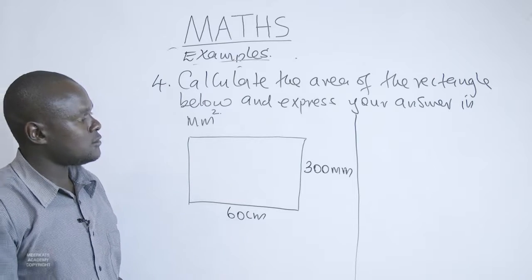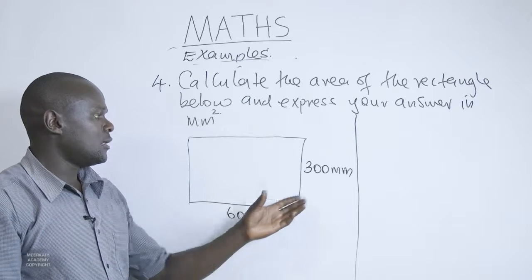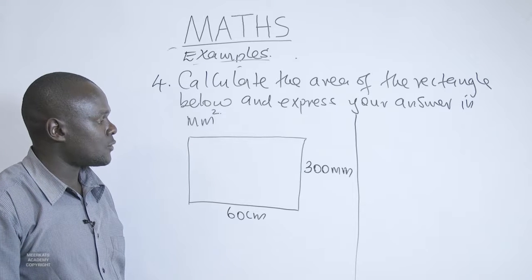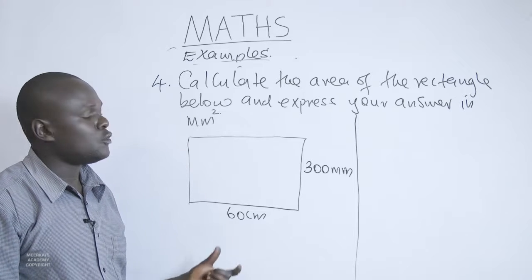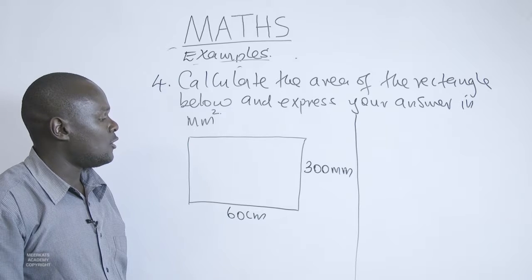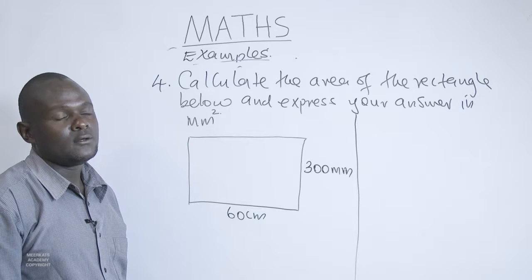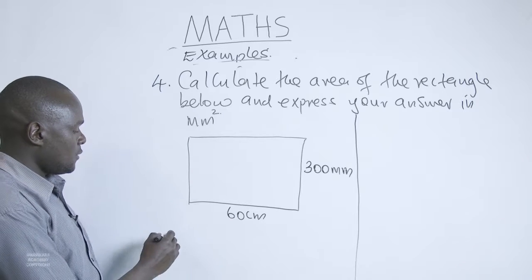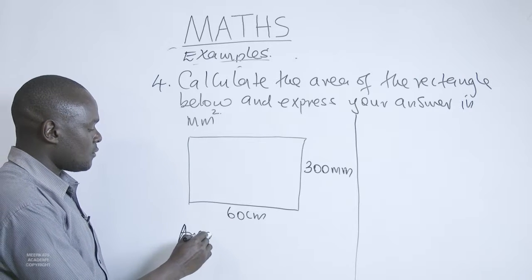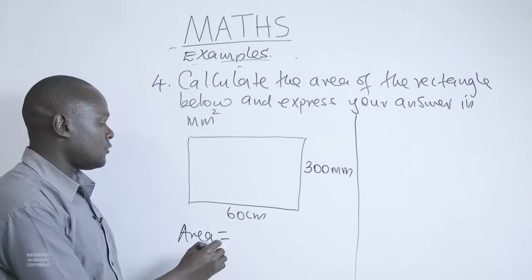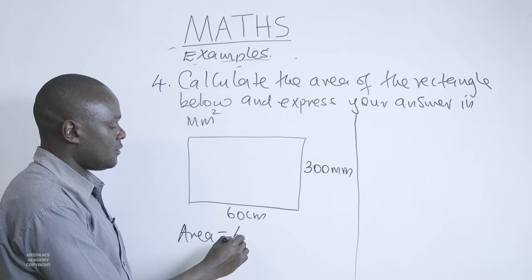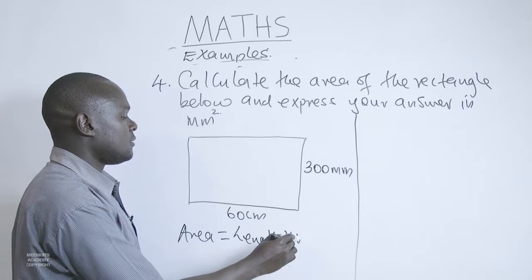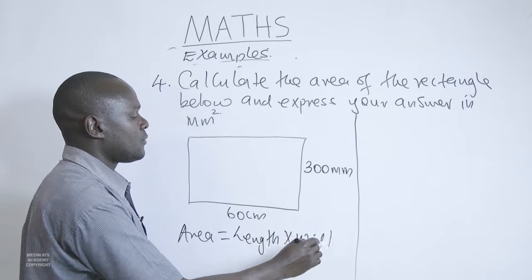So when you look at this figure, you are given different units of length and you are told to calculate the area. First of all, you need to know how to calculate the area of a rectangle. You need to be well conversant with the formula. Area, when it comes to a rectangle, is calculated from the formula length multiplied by the width.